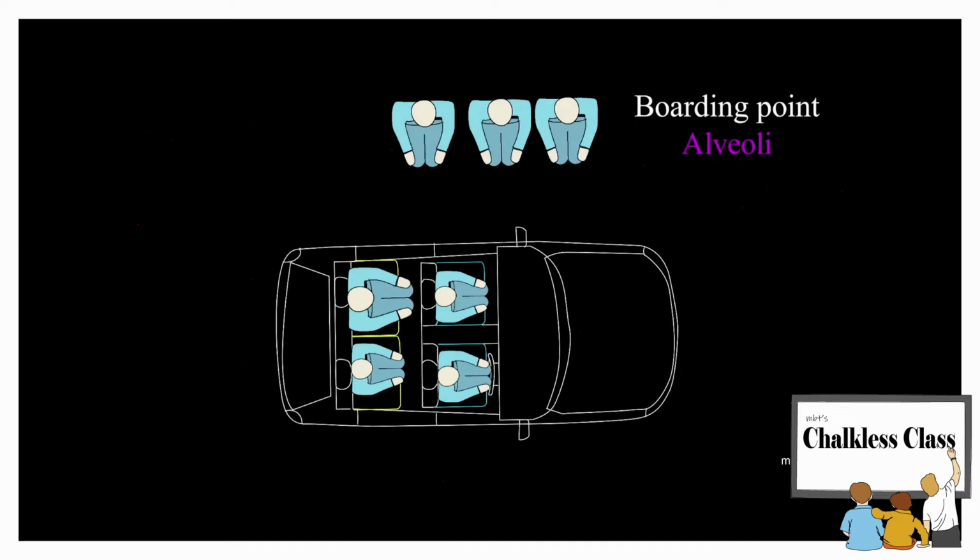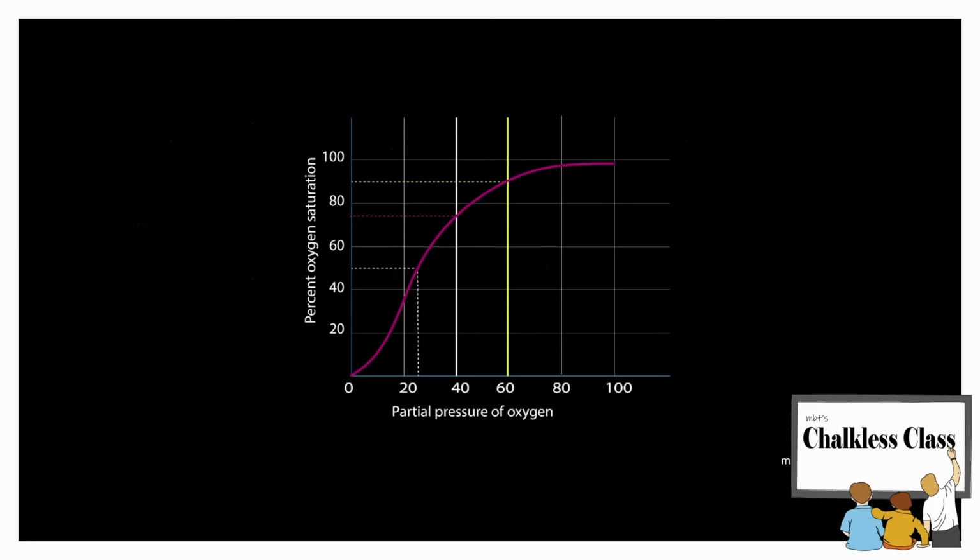The formation of oxyhemoglobin and dissociation of oxyhemoglobin depends on the partial pressure of oxygen in the blood, that is in blood plasma. Let us find out the relation between the partial pressure of oxygen and percent oxygen saturation.